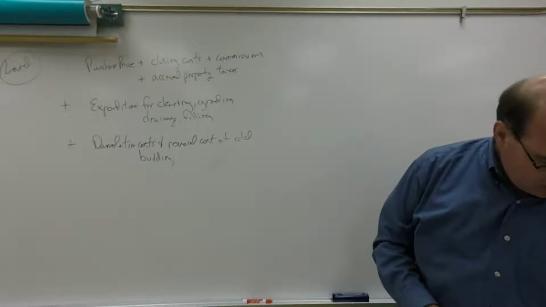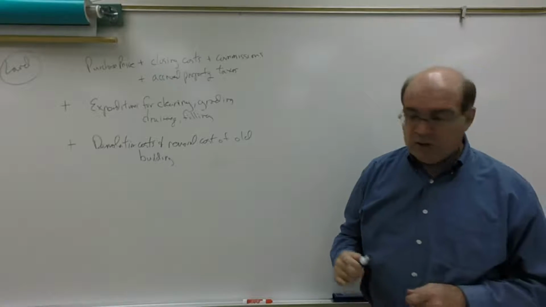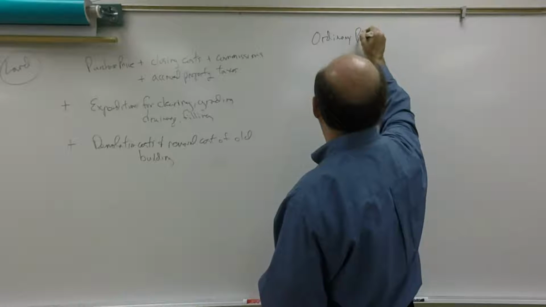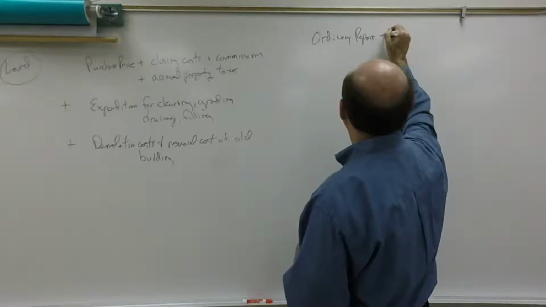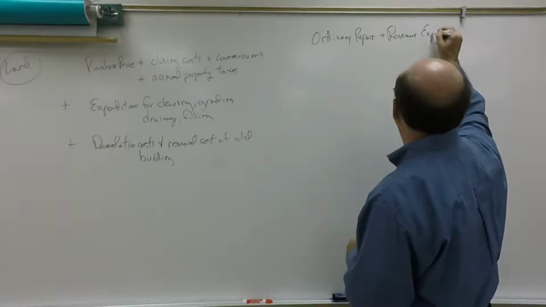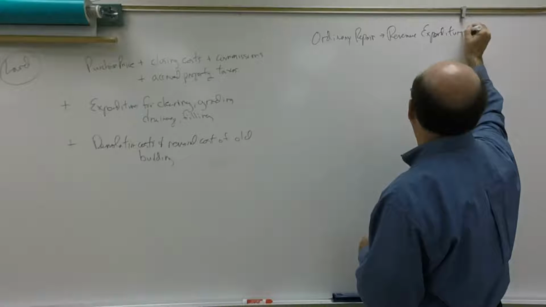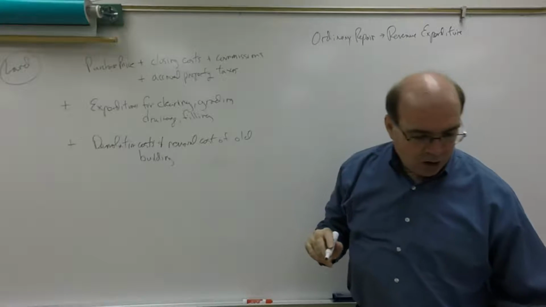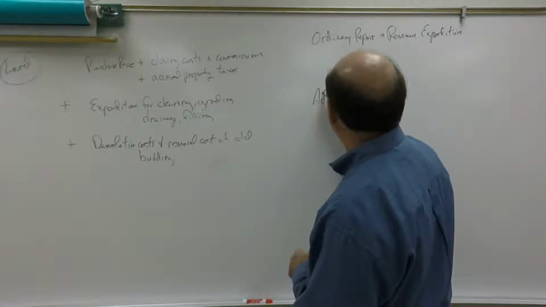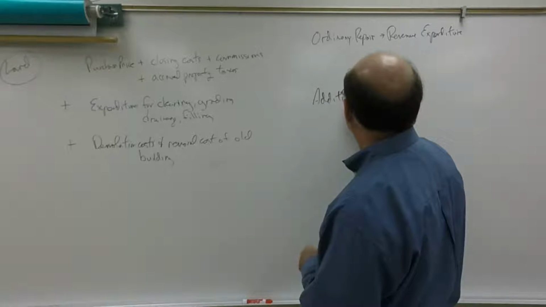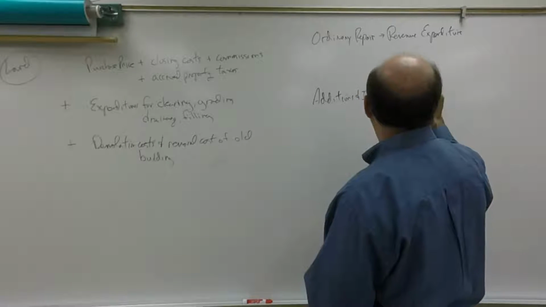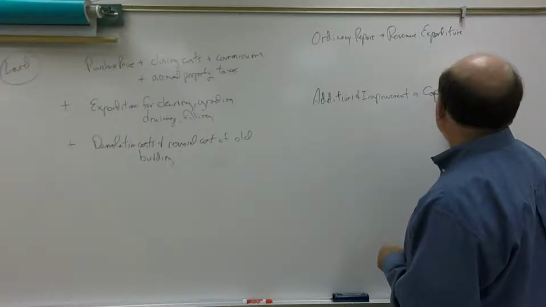First, let's just do it based upon the technical approach. It depends on whether you have something called an ordinary repair, which is also called a revenue expenditure, or whether you have something that's called, what they call here, an addition and improvement, which is what we call a capital expenditure.